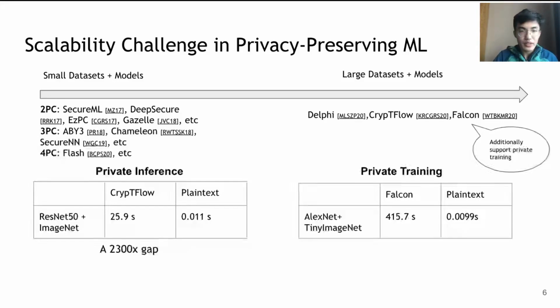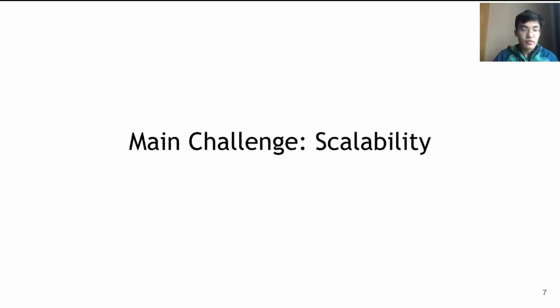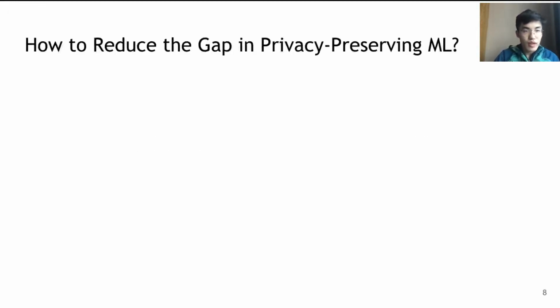And in private training, the state-of-the-art work Falcon has a 42,000x gap compared to plaintext training. Therefore, there is still a significant performance gap between plaintext and private machine learning. To make privacy-preserving machine learning practical, our main challenge is scalability. So how do we reduce this gap in privacy-preserving machine learning?